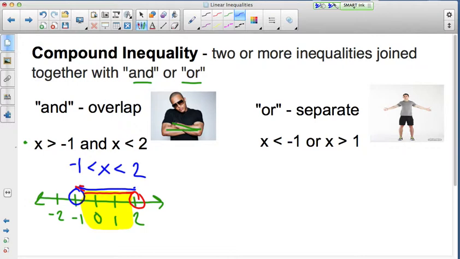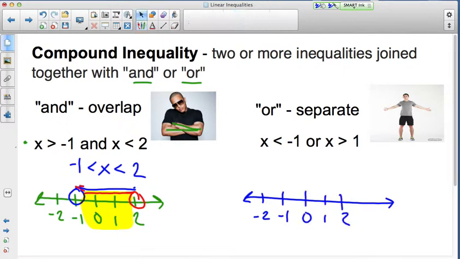Okay. If we take a look at the or example, I have a picture of a man holding his arms separate from each other, because when you think about or, think about your arms held out. So both of your lines should be like open arms, going in opposite directions. So if we draw our number line, -2, -1, 0, 1, 2. Our first inequality, x is less than -1, open circle at -1.